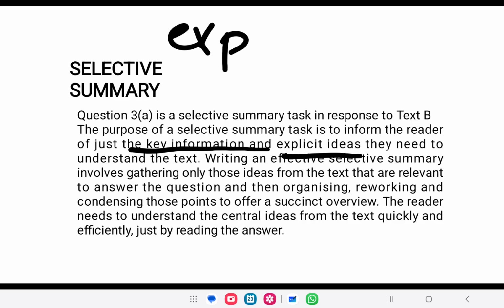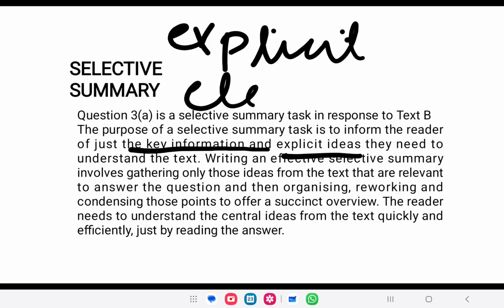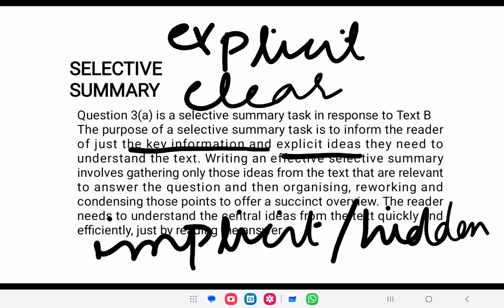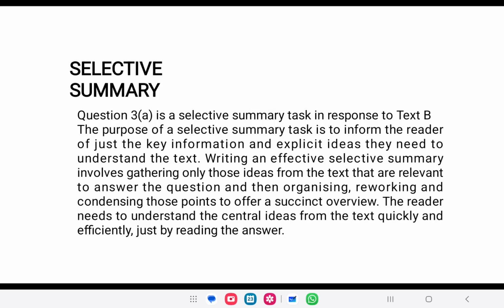Explicit means something that is clearly mentioned in the text, something that is clearly written, whereas implicit means something that is hidden and you need to understand it after reading and then you will reproduce. In the summary writing task, you don't need to understand anything. You will just go for explicit ideas and then you will reproduce them. You will write all those explicit ideas in your own words.